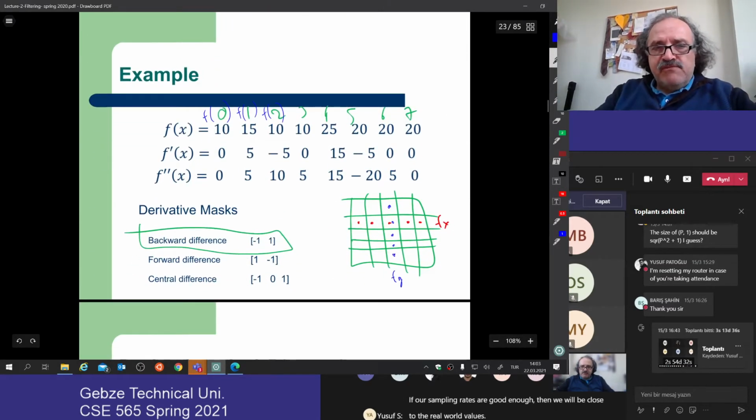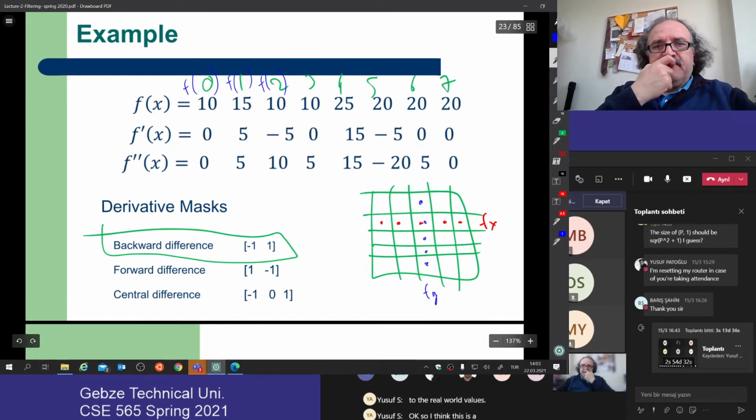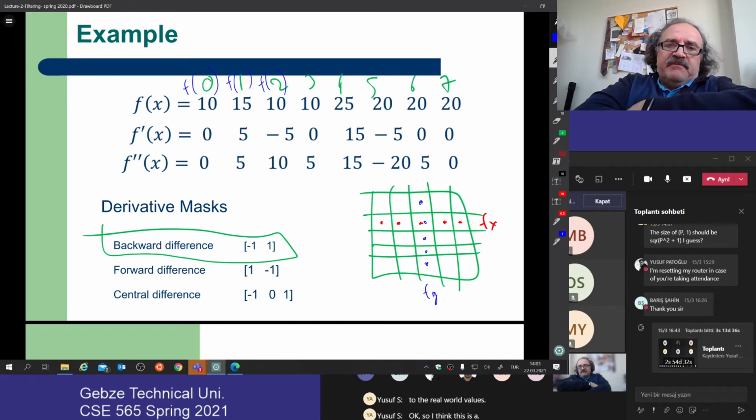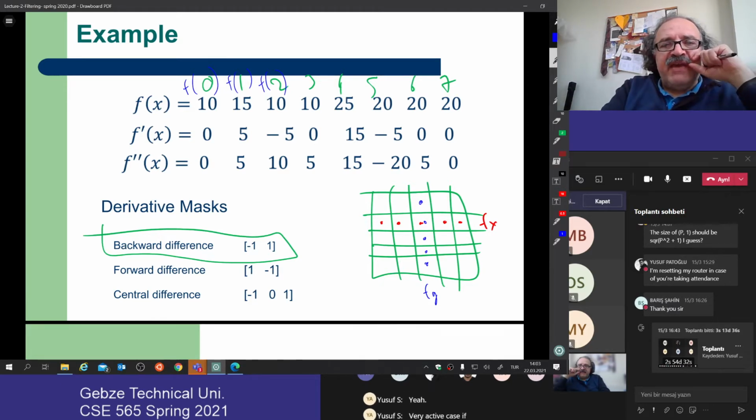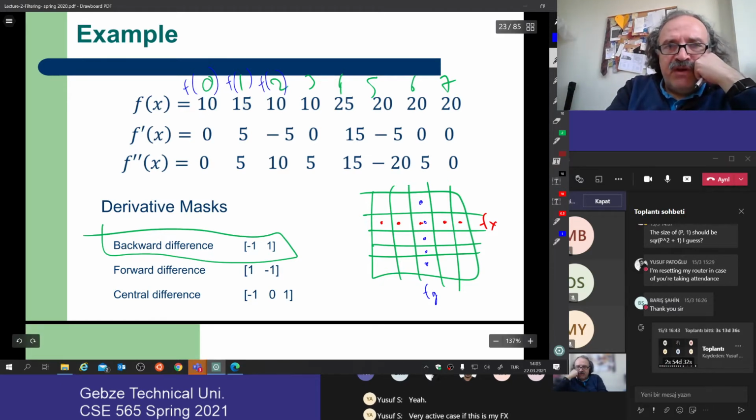Okay, so I think this is an example derivative case.